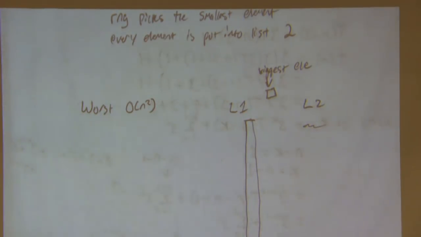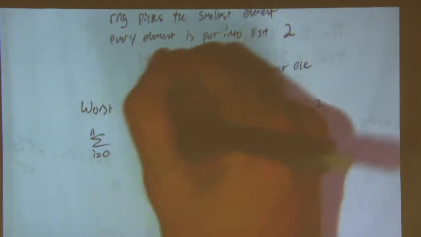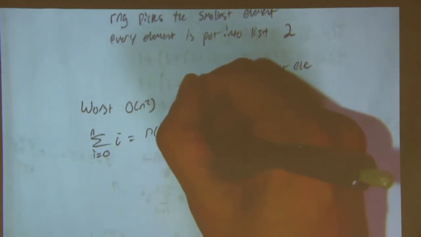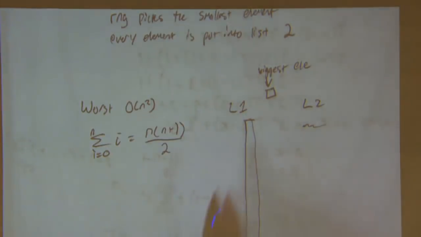And if every time we just pick the biggest element, we're eventually just going to have the summation of runtimes where it ends up being n squared, because it just ends up being this summation right here of i, which gives us n times n plus 1 over 2, because our list size shrinks by 1 every single time. Does everybody see that approach, or are people still confused about that? It was a little bit of a jump.